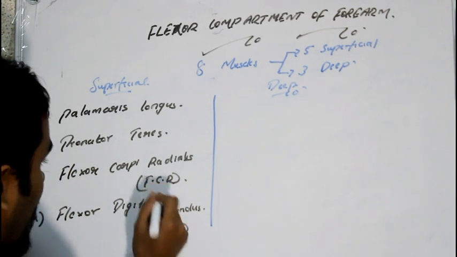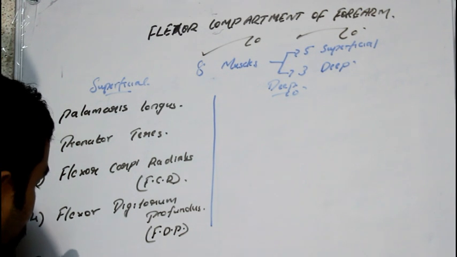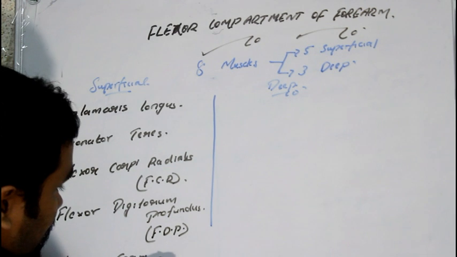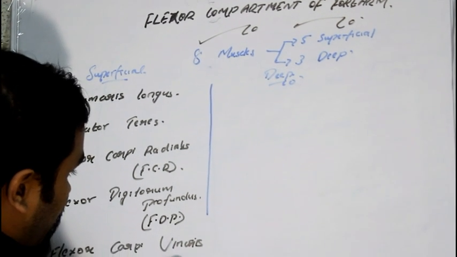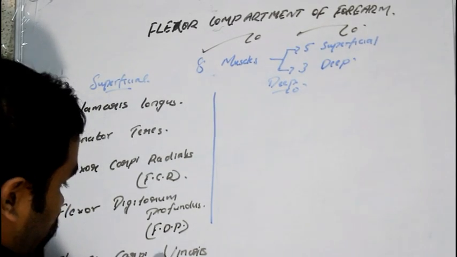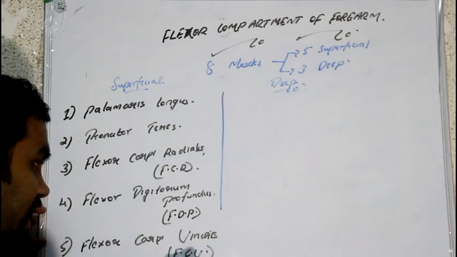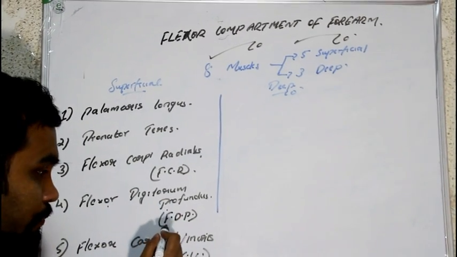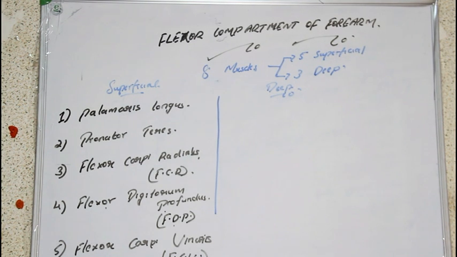Then flexor carpi ulnaris, that is FCU. These are the superficial muscles.